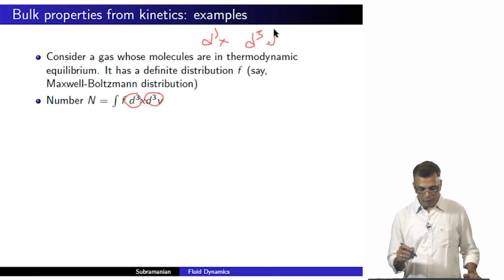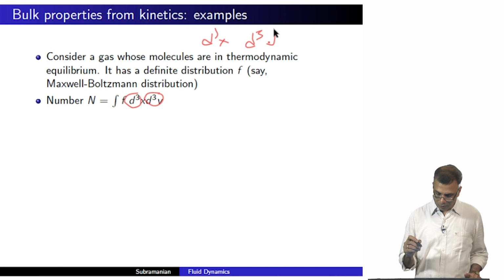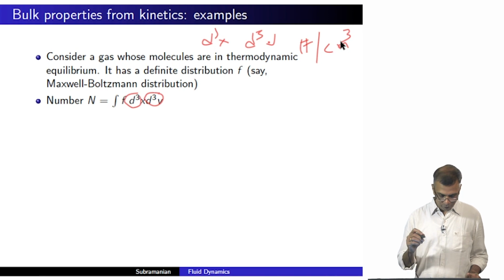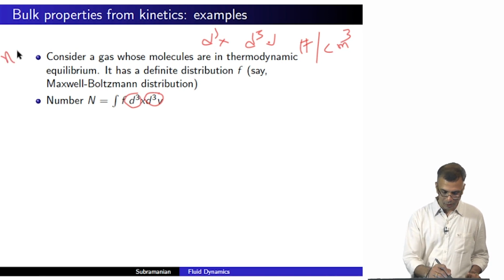What if I was not interested in the total number per se, but only in the number density, say the number per centimeter cubed? If I wanted that, then I would simply write n is equal to the integral of f d cubed v.